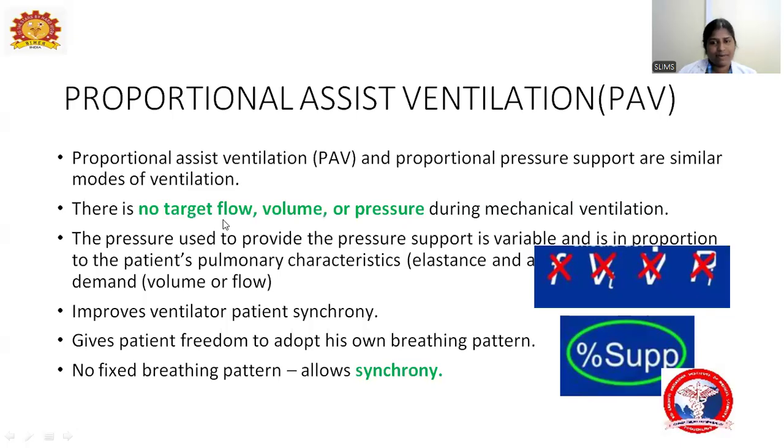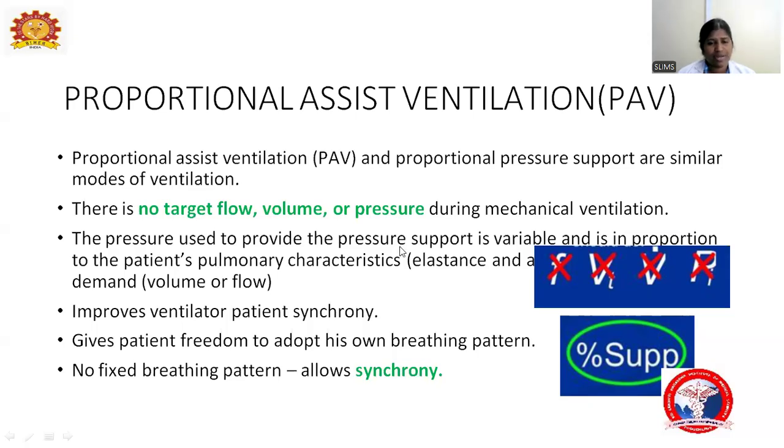The next method is PAV, the proportional assist ventilation. In this method, it is similar to the proportional pressure support mode of ventilation. There is no target flow, no target tidal volume, no target pressure during mechanical ventilation.